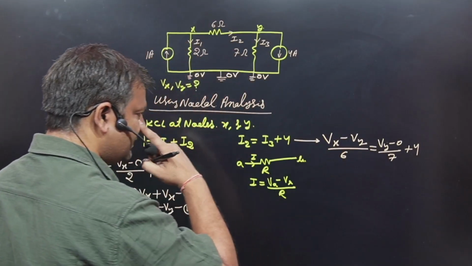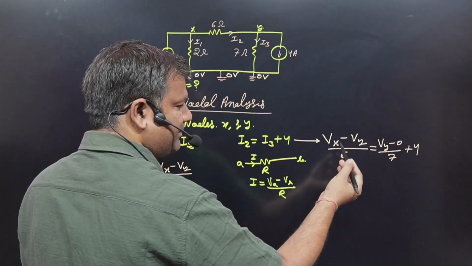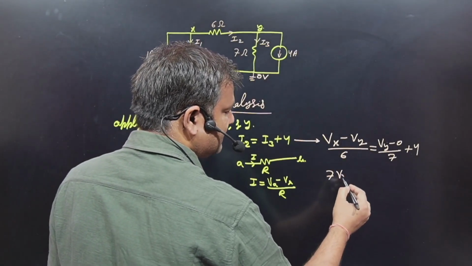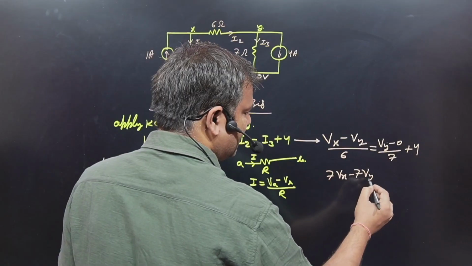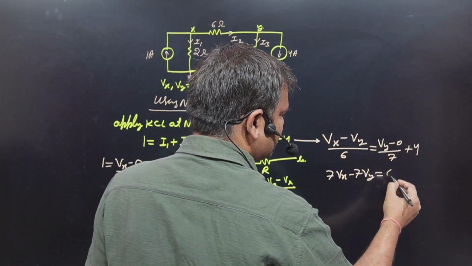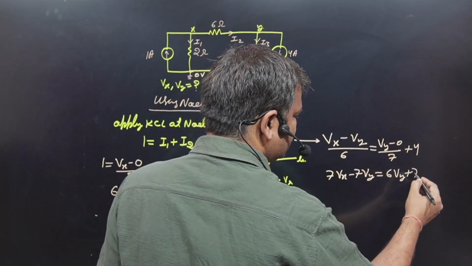Now if we multiply by 7 on the left side, we get 7Vx minus 7Vy, and on the right side multiplying by 6 we get 6Vy plus 7 into 4 into 6.